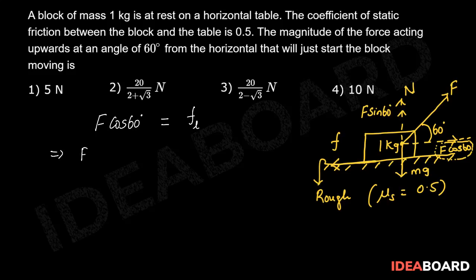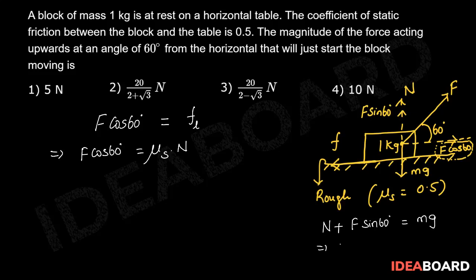So F cos 60 degrees is equal to the limiting friction, which is written as mu s times the normal reaction force, and from the FBD we can write N plus F sin 60 degrees equals mg.